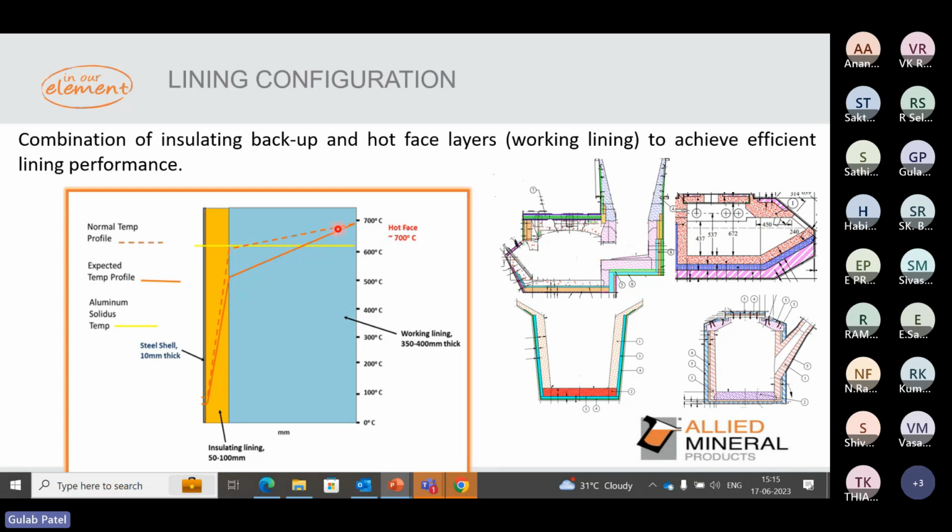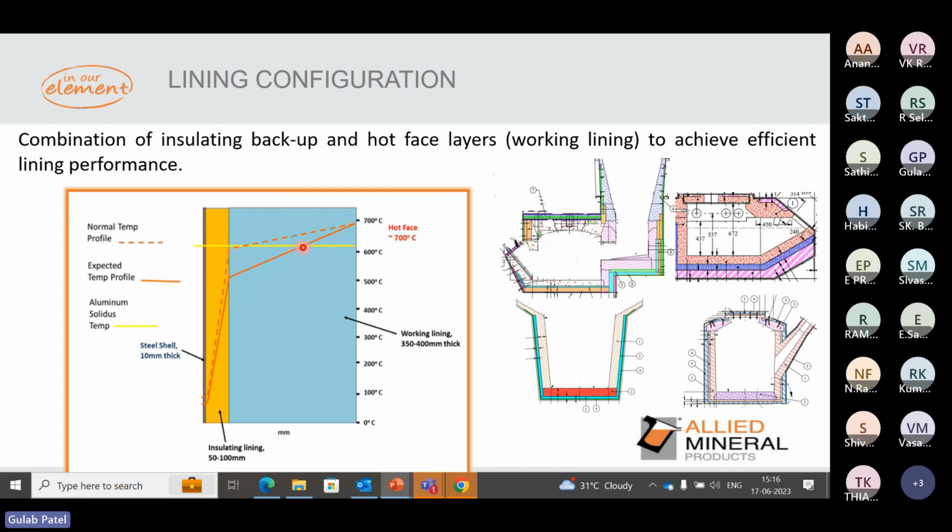If you see the normal lining configuration, or the normal temperature profile, the solidification of the aluminum is going very close to the insulation backup lining. But the expected temperature profile is what we have to achieve, or what we have to consider when we are designing the whole lining configuration. You can see the aluminum is being solidified here, which means it is in the hot phase system, that is the refractory castable.